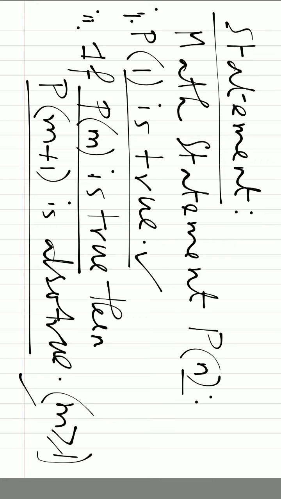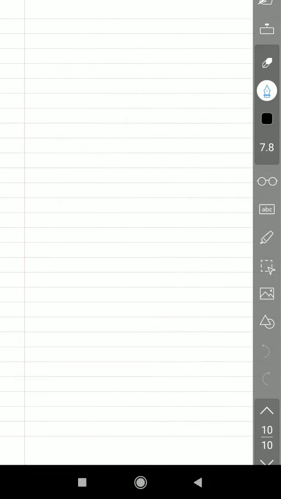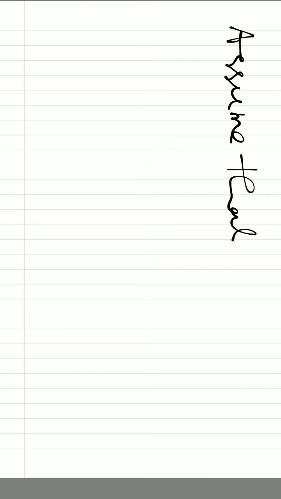Now we are going to show the second condition. So for that we are assuming that Pm is true, and we will try to show that Pm plus 1 is also true. So using Pm we will show that Pm plus 1 is true. So let us see. So let us assume that Pm is true.